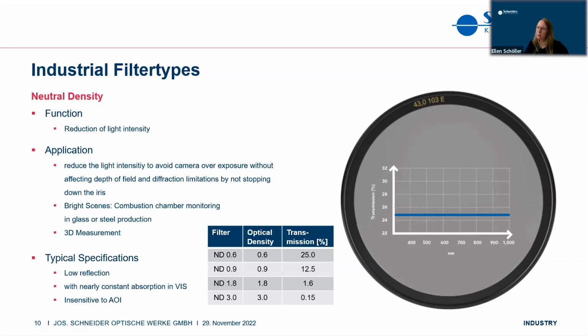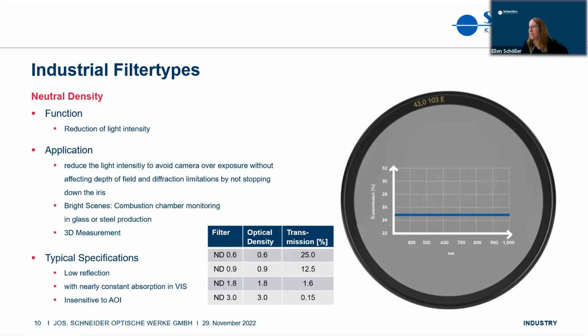And this might be interesting when you have applications where you have a lot of light, which is too bright for your camera or lens system, and you're not able to go down with the exposure time of the camera anymore, or you're not able to close the aperture of the lens further. You can use a neutral density filter to reduce the amount of light in general. So it is perfect when you want to watch bright scenes.